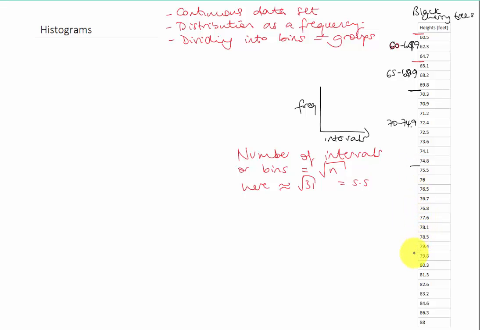From 75 to 79.9. So we've got every 5 feet. We're grouping together all the different trees between 65 and 70, for example, in this. And here we've got 75 to 79.9, or we could say greater than 75.